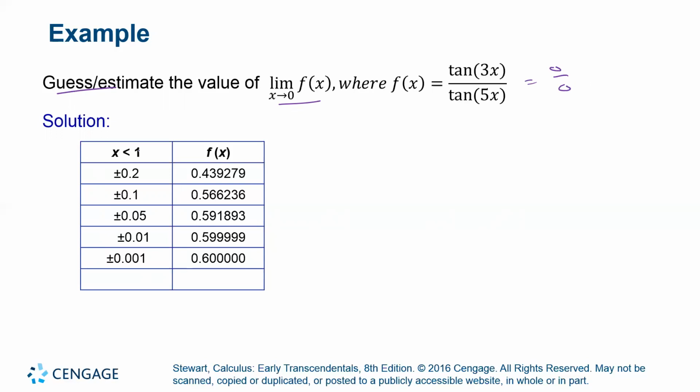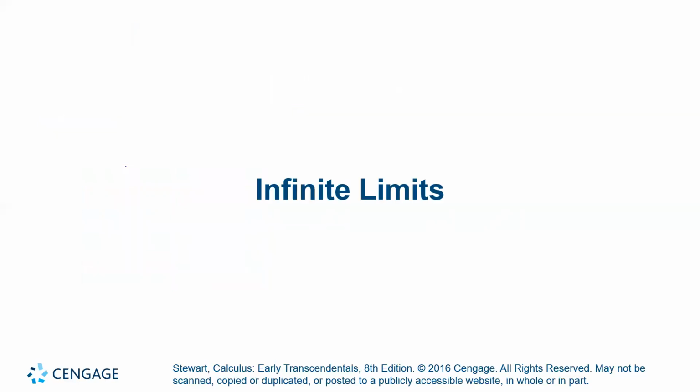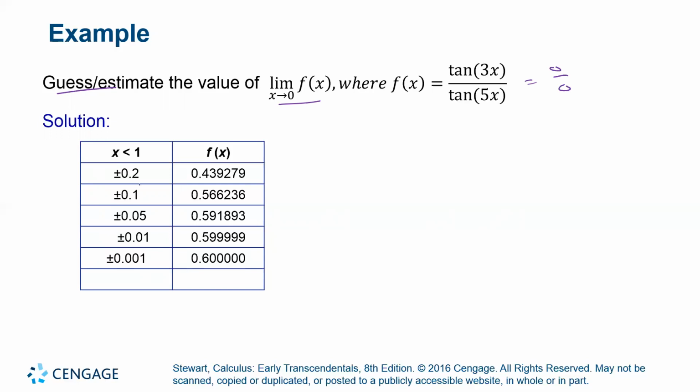So what you see here, plus or minus, indicates that I'm picking x less than 0 or x greater than 0. The plus is greater than 0 and the minus is less than 0.